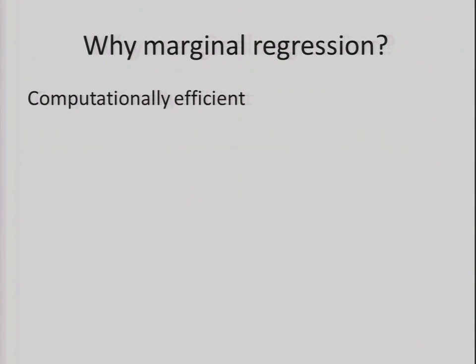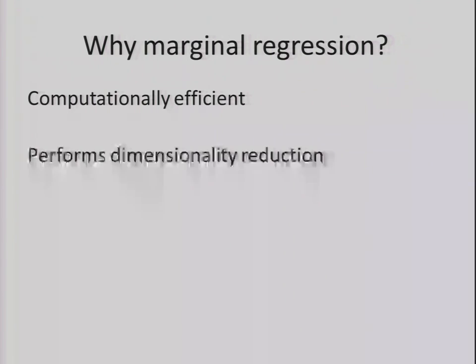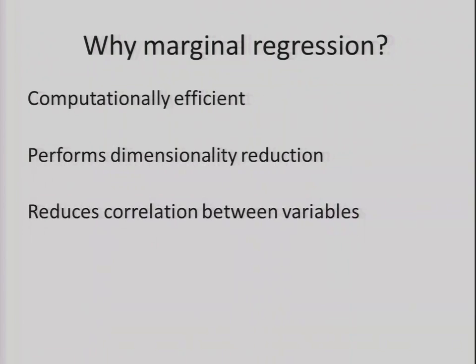So why do we care about marginal regression? Let's reiterate that once again. It's computationally efficient. It can often be used as a two-step tool where in the first step dimensionality is reduced, and then in the second step we perform further cleaning, and I'm going to discuss that towards the end of the talk. The second thing is that, for example, lasso requires that variables are not highly correlated in order to be able to pick the true set.